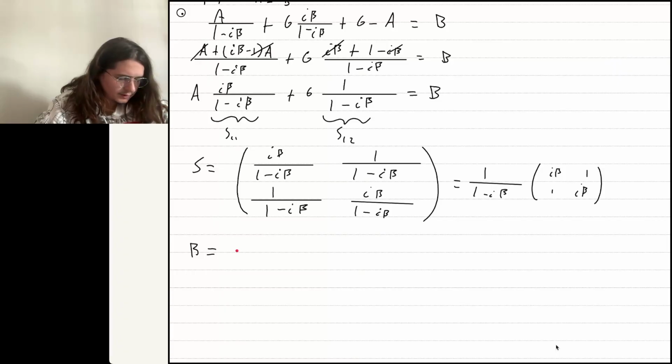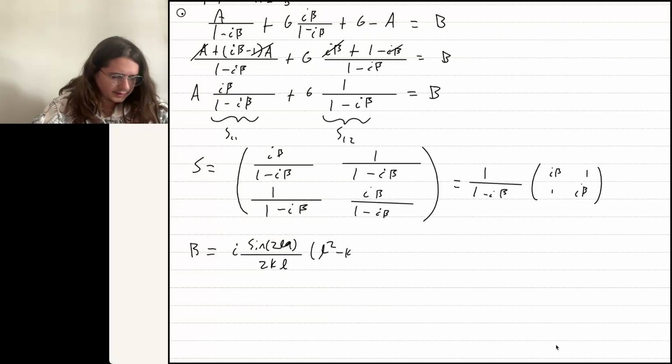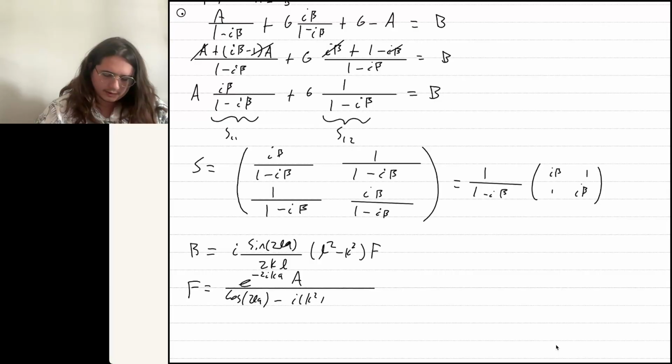B equals i sin(2la) over 2kl, (l squared minus k squared) F, and also F equals e to the minus 2ika times A over cos(2la) minus i (k squared plus l squared) over 2kl sin(2la).